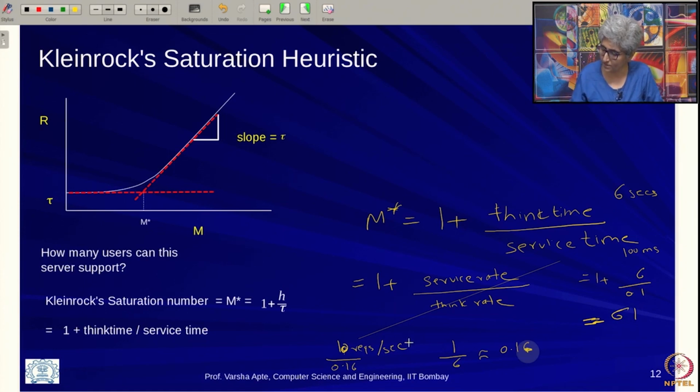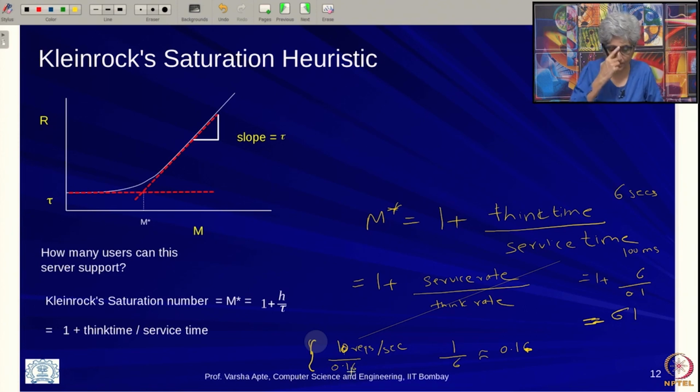So, you can see that this is quite intuitive: 10 divided by 0.16 is how many users the server can support roughly, and then there is a +1 which is not explained by this reasoning, but it is in that range. The server goes at 10 requests per second, a user can go at 0.16 requests per second. So, how many such users can the server support? It is roughly 10 divided by 0.16 and then we add 1. Okay. So, this is one way to understand this.